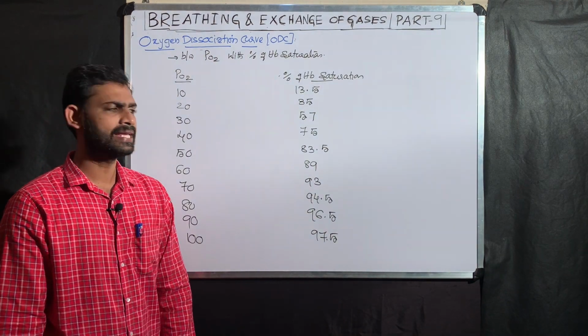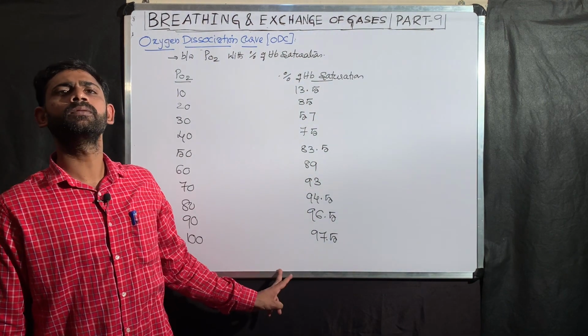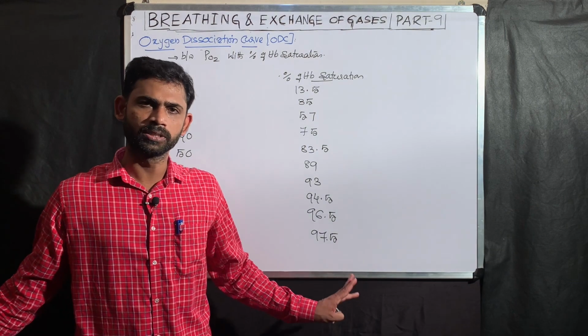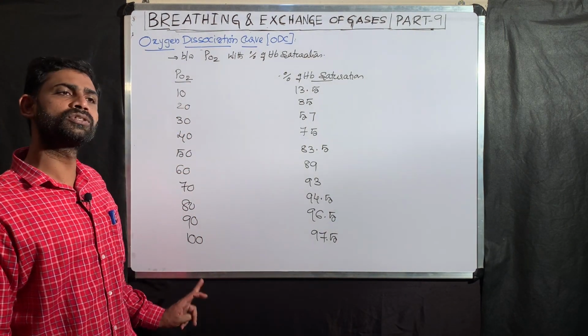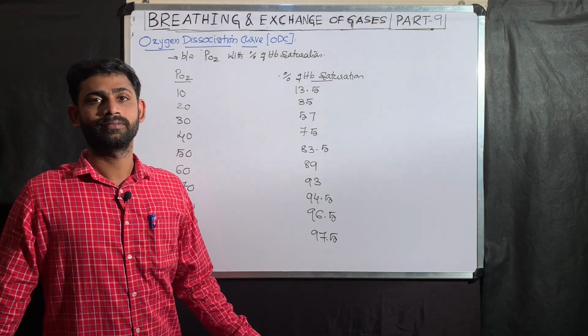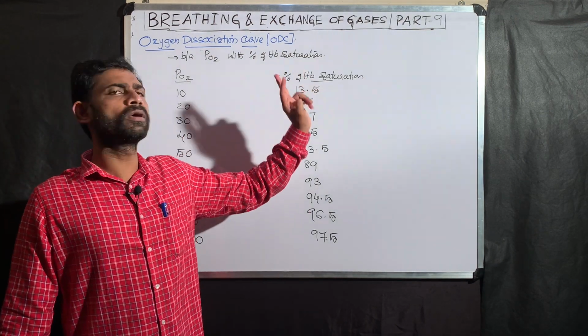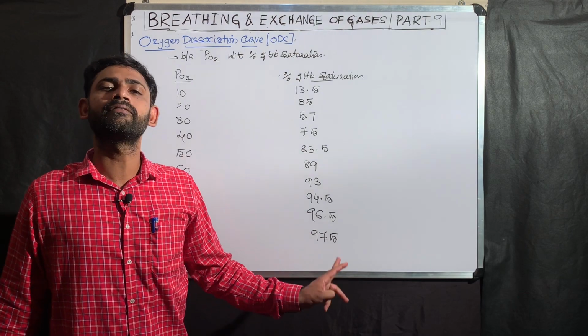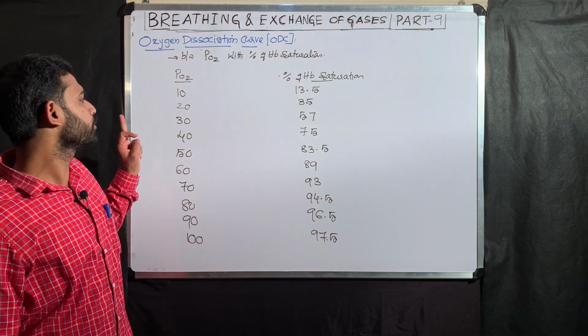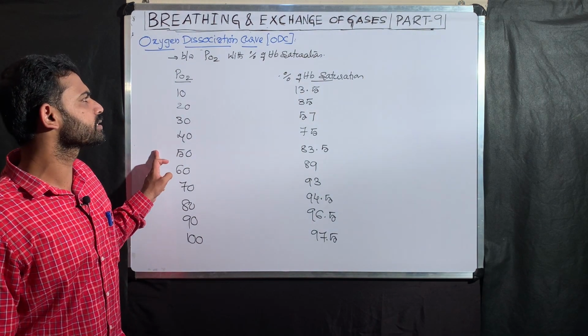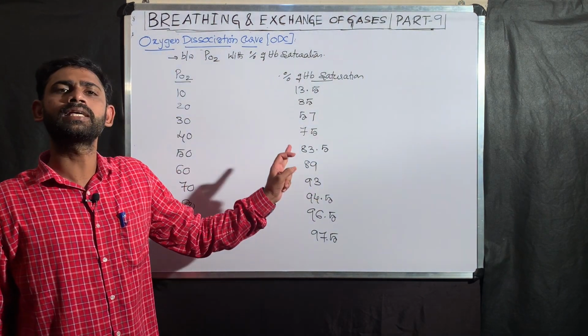That is why I said 100% hemoglobin saturation is not possible. If you maximize the partial pressure of oxygen to 100, then maximum hemoglobin saturation is 97.5.